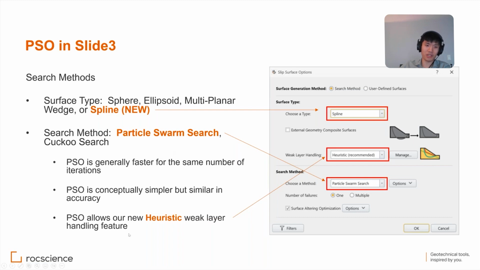The last point is that it actually makes one of our new weak layer handling features possible. We're introducing a new weak layer handling feature called the Heuristic method, which I'll explain in a future slide within this webinar. It operates a lot faster than the previous one, and you can only use it when particle swarm is activated.